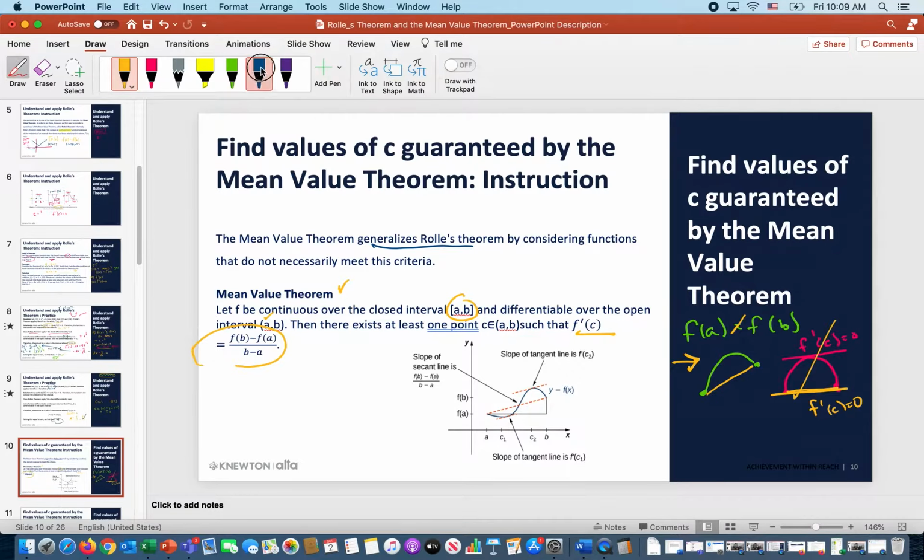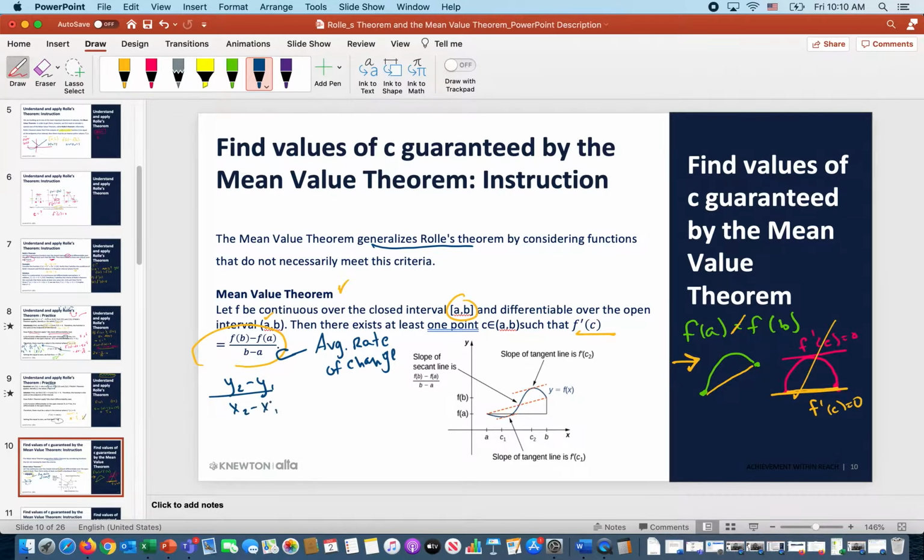Now I know we probably didn't spend as much time as we needed to on what this is, but this is the average rate of change. More generally speaking, this is the slope of a line. f of b and f of a are y values, and b and a are x values.